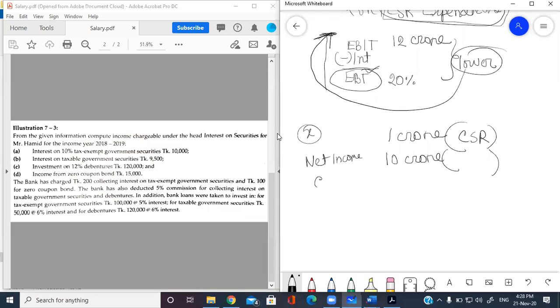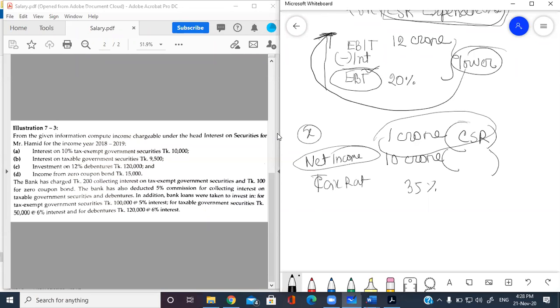Okay, their corporate tax rate is 35%. Now, what you need to do, the rule is that if you want to get tax exemption for CSR expenditure, you can't show CSR expenditure as an expenditure to calculate your net income.